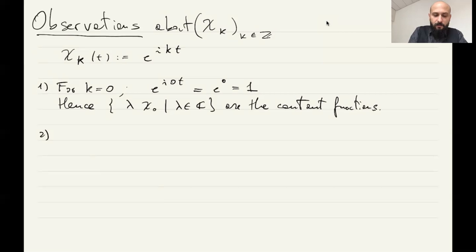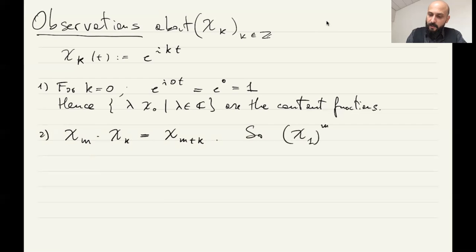First of all, I will observe that if you take e_m times e_k, then by the property of exponentials, this is just e_{m+k}, right? So in particular, if you take e_1 to the power n, this is exactly e_n. Three, if you take the conjugation of e_k, this is exactly e_{-k}.